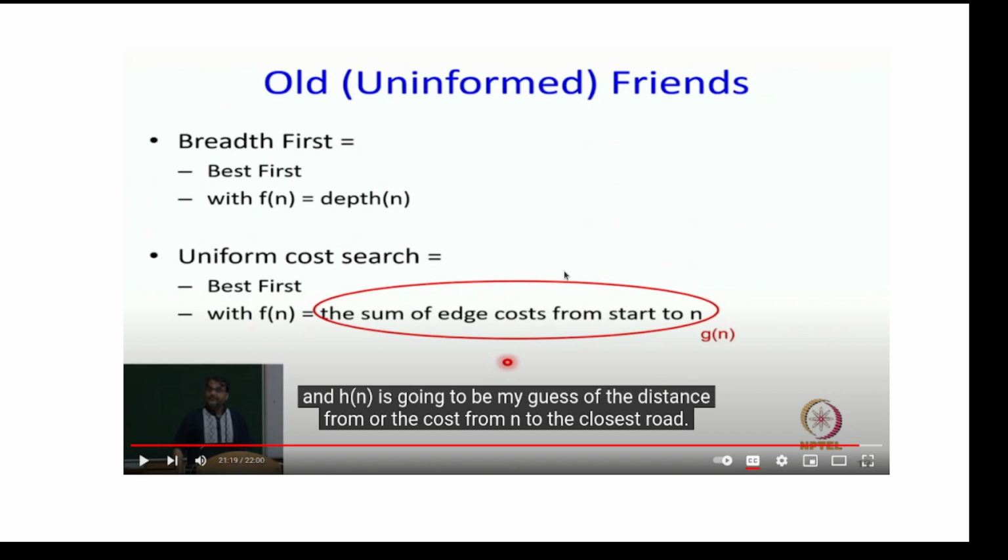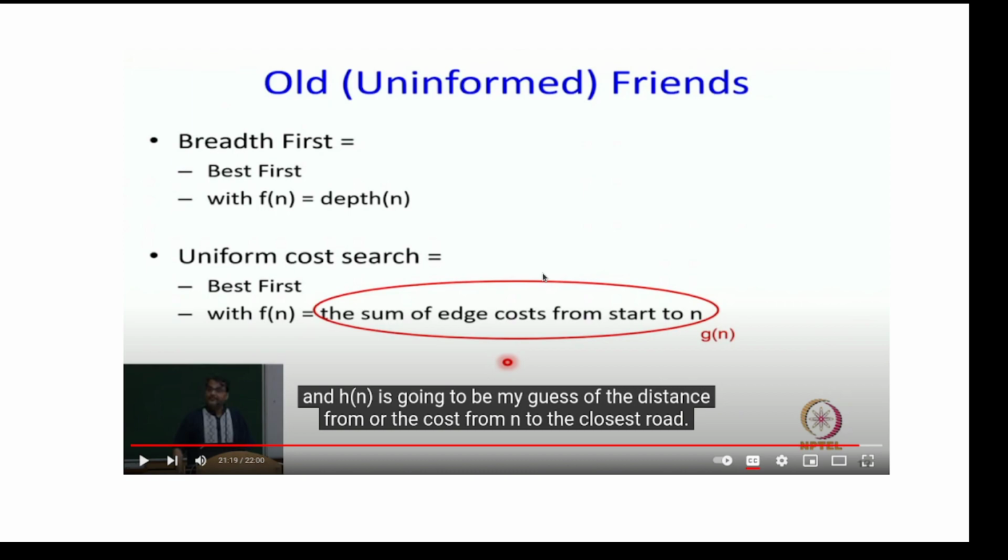So here the priority was depth, so we go step wise, depth wise. So this function f of n, our priority, was depth. In uniform cost search, it was also kind of best first, but the idea was what you are choosing. In uniform cost, we are looking at cost there, the sum of the edge costs from start to n.